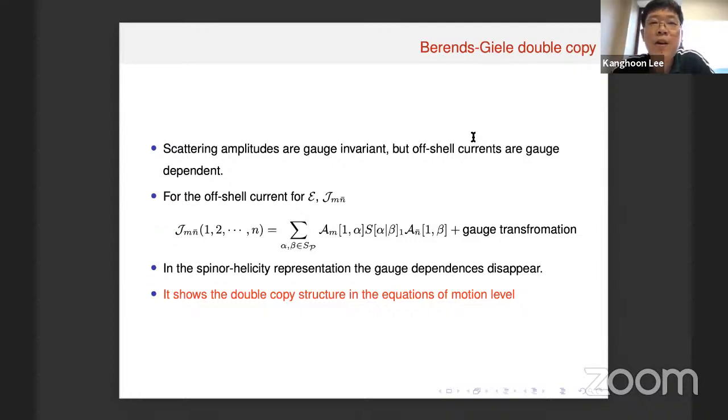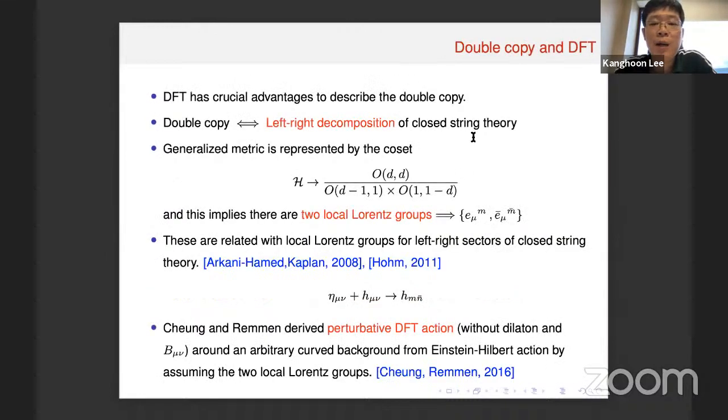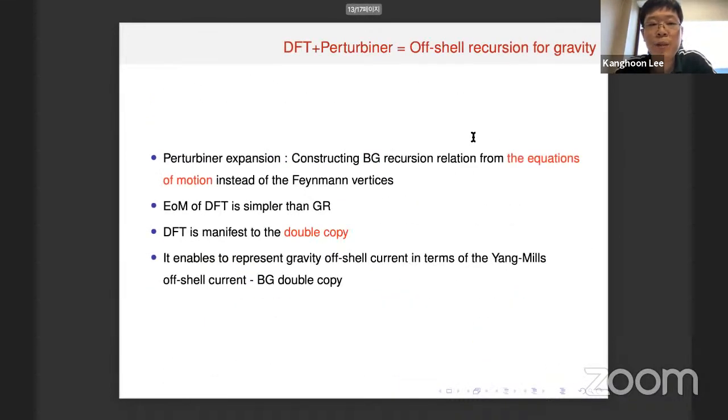Yeah, so we can connect the metric perturbation and the generalized metric perturbation, and this is related in a very complicated way. It's very non-trivial. Usually gravity perturbation cannot see the double copy structure, for example, but here, with perturbation of the generalized metric... No, I didn't mean the double copy structure, but infinitely many vertices versus finitely many. So even DFT has infinitely many vertices, but the problem can be cured by this perturbiner expansion.